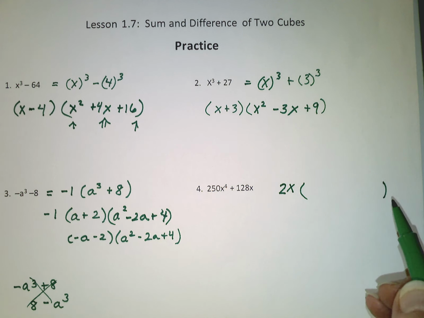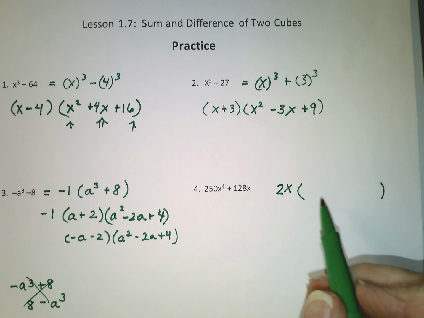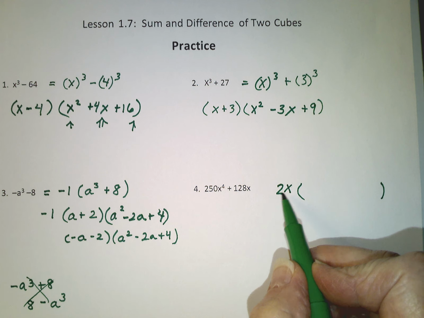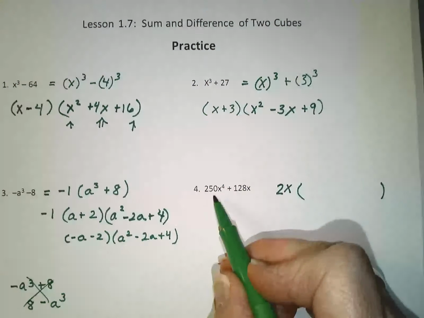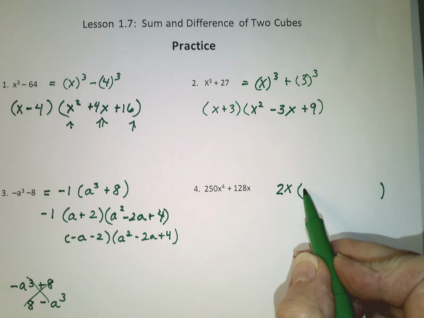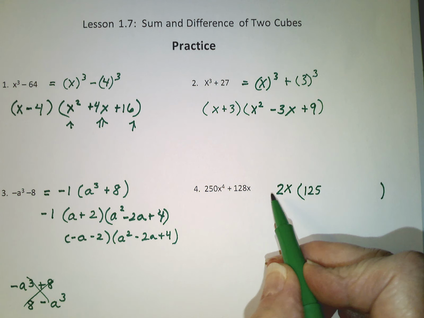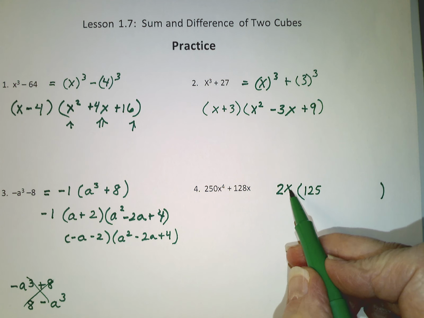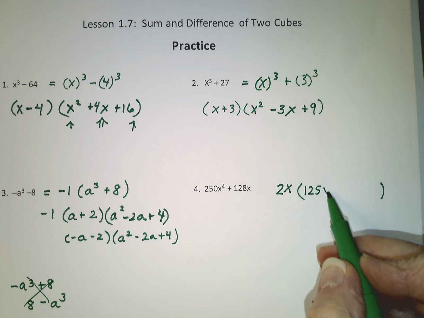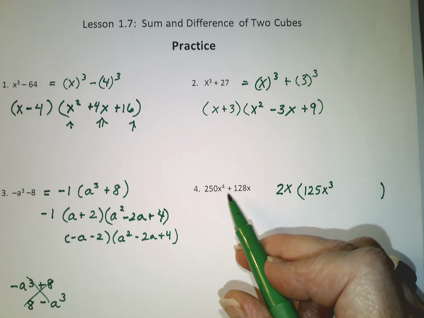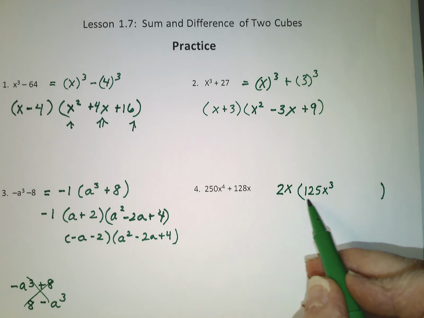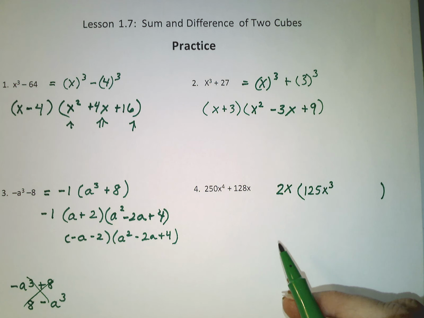And just taking out the common factor. So if we take 2x out of this, we would have to have 125 here to come up with a 250. And we'd have to have x cubed in order to come out with x to the 4th. These two multiply out there.